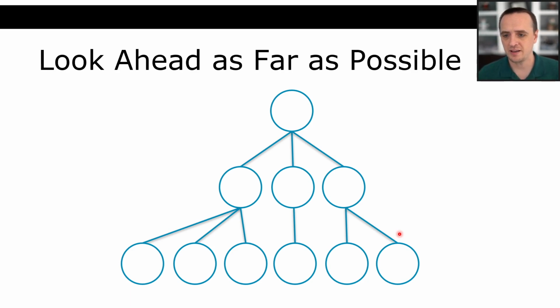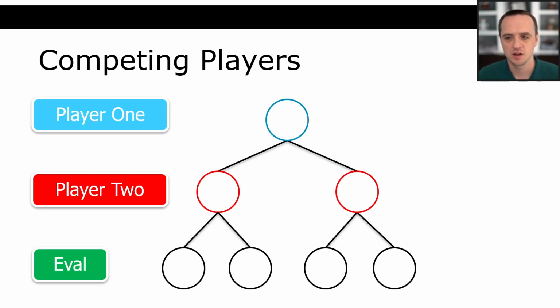So we may say, okay, maybe I can search a total of depth 2 or 100,000 nodes, or I'll search for an hour, or whatever our time or memory constraint is. That's how far I will look ahead. And hopefully this will give us enough information to make a decent decision.